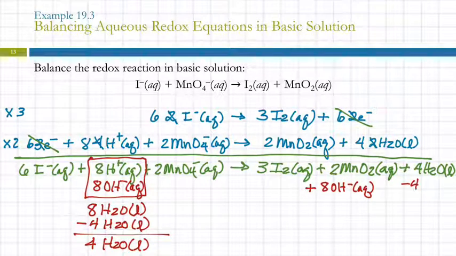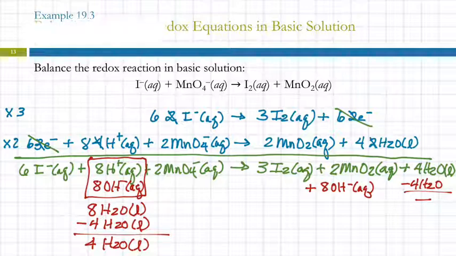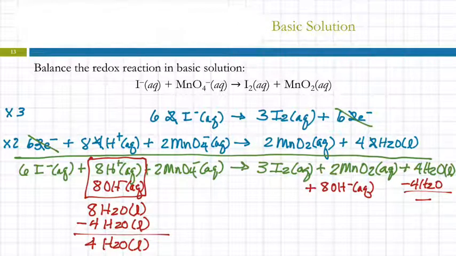Over here, I'm going to subtract 4 H2Os, and that gives me none. Now, where am I going to put my answer? I'm going to put it up at the top.